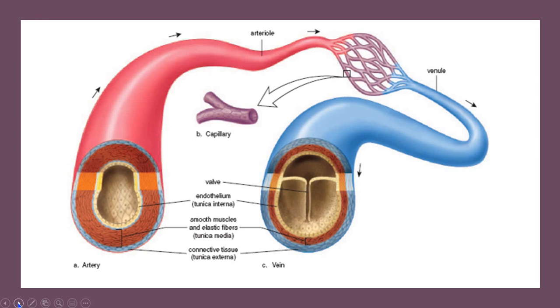If you look at the structure of the blood vessels themselves, at the difference in the thickness of the walls, the arteries have much thicker walls than the veins do, especially of this elastic material. The protein is actually called elastin because of its stretchiness and its bounciness.